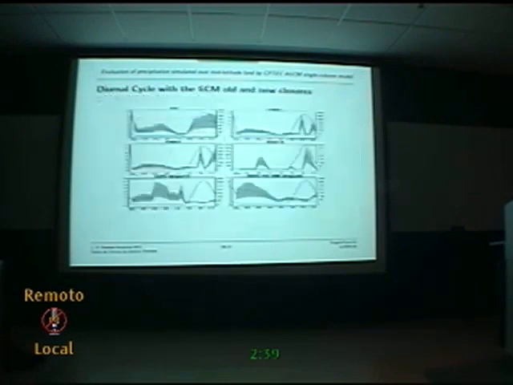Then we made the same evaluations for the two triggers that we believe are better than the previous ones. We can see that in addition to the correction of the intensity, we also obtained a correction of the nocturnal precipitation, compared with the previous triggers.